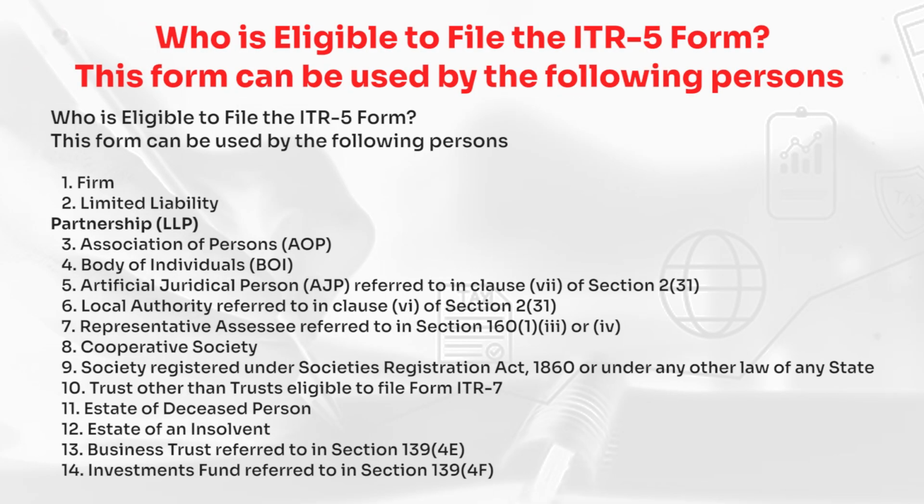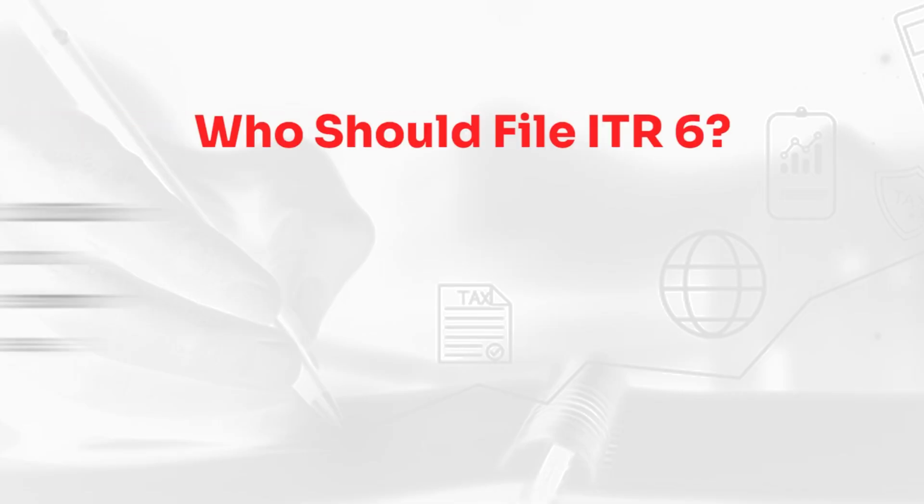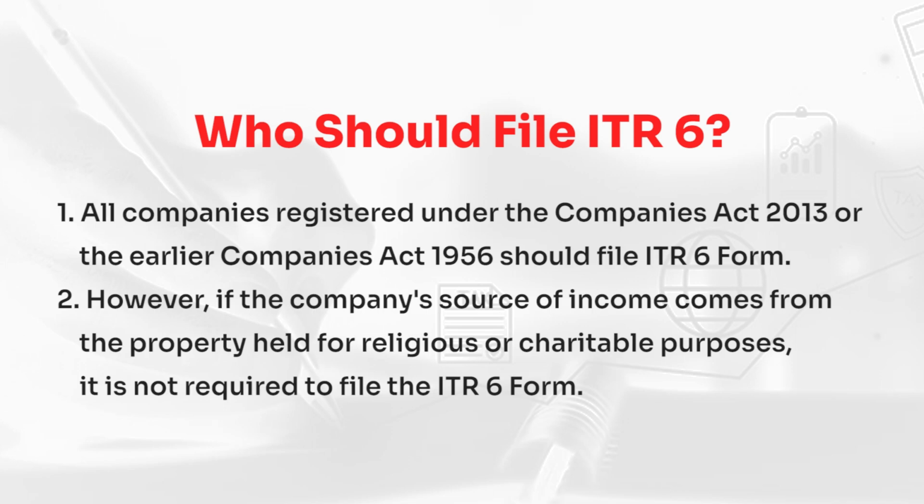ITR 5 is for partnership firms, limited liability partnerships, association of persons, body of individuals, artificial juridical person, estate of deceased, estate of insolvent, and business trust or investment fund. ITR 6 is applicable to companies, private limited or public limited, other than companies claiming exemption under section 11, that is NGOs or charitable organizations.